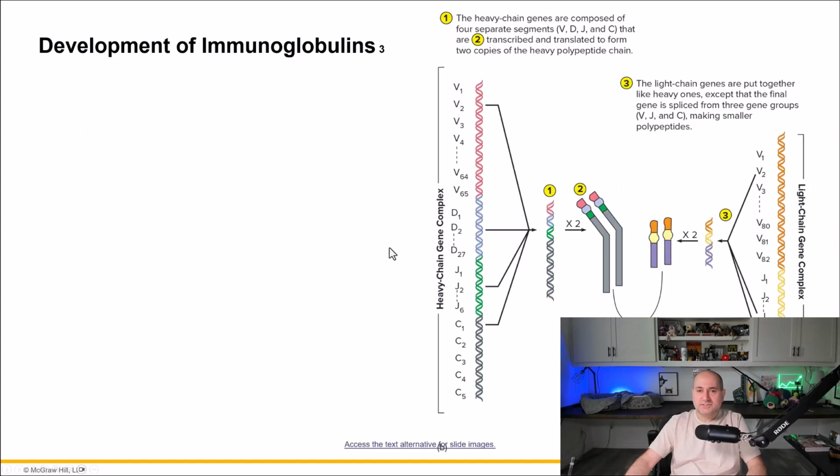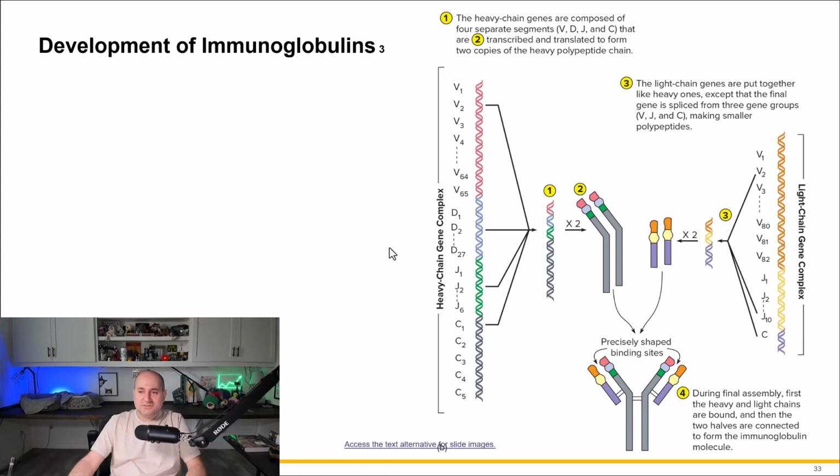So here you can see what I'm talking about with the heavy chain. See here on the left where my mouse is, the heavy chain is made up of one of 65 different variable genes, one of 27 different diversity genes, one of 6 different joining genes, and one of 5 different constant genes.